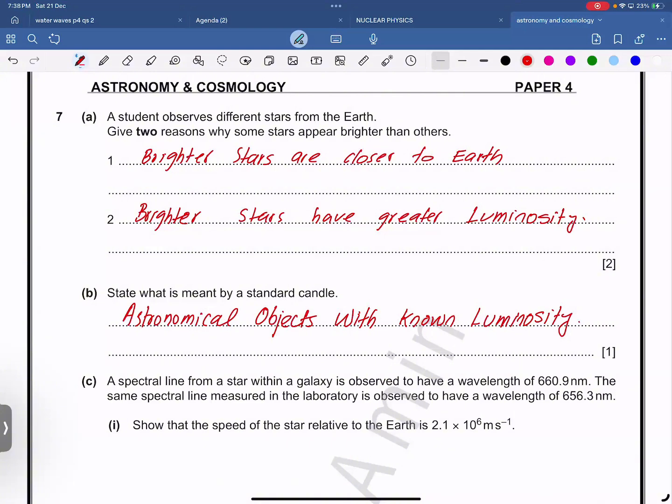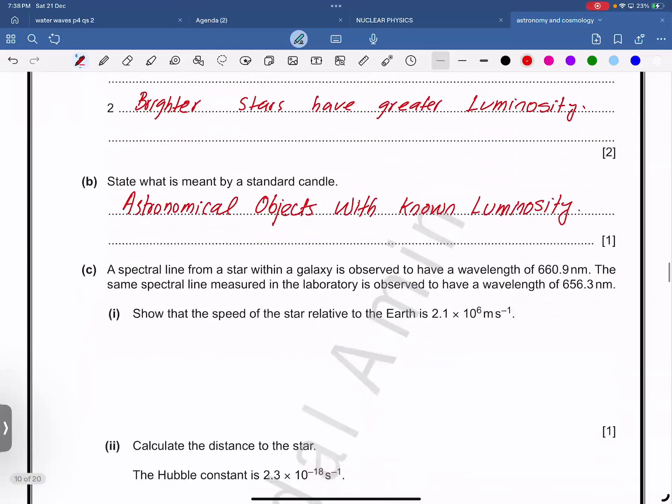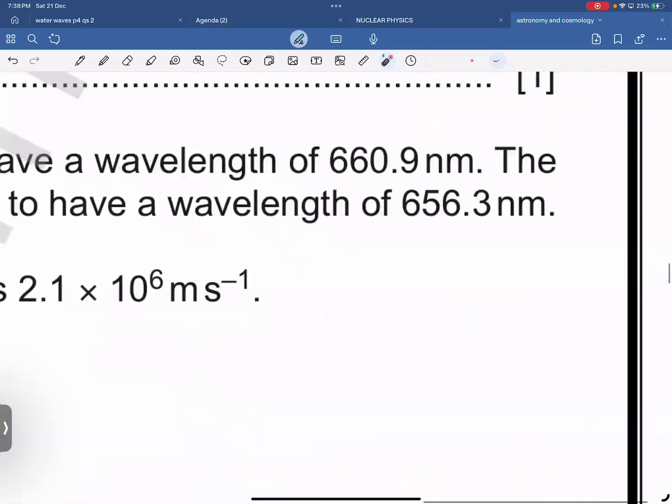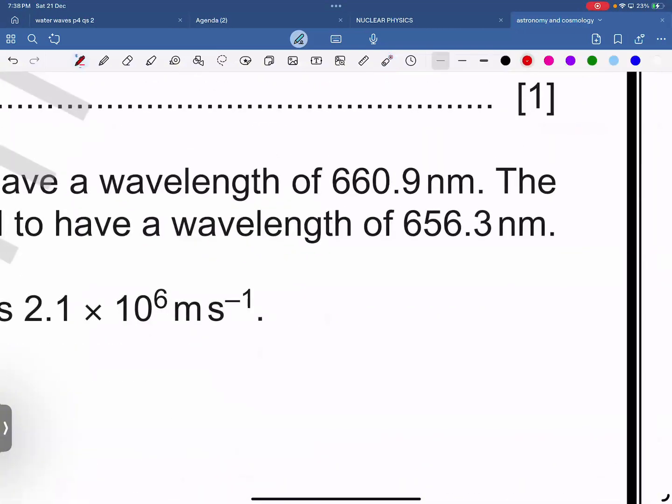A spectral line from a star within the galaxy is observed to have a wavelength of 690 nanometer. The same spectral line measured in the laboratory is observed to have this one. So, my dear students, certainly the Doppler redshift, that was the sixth equation.